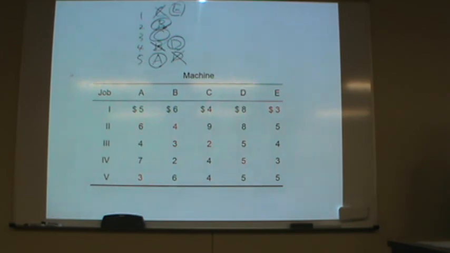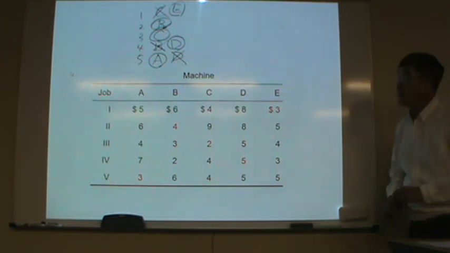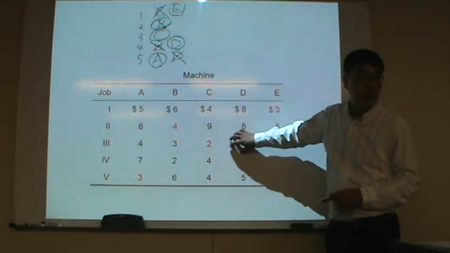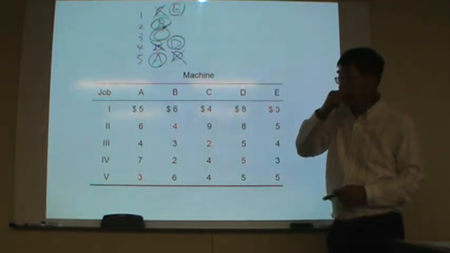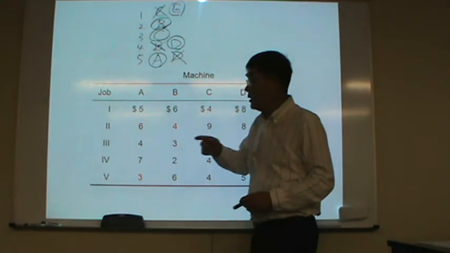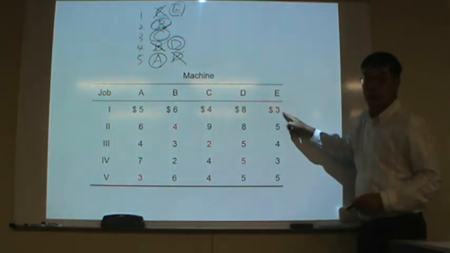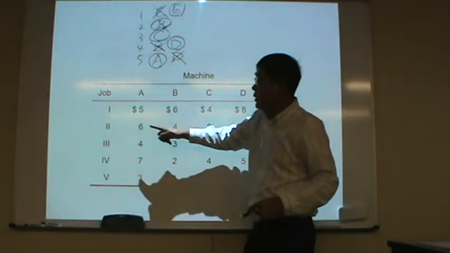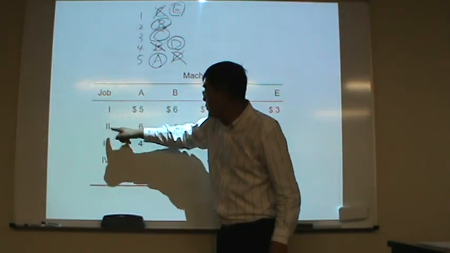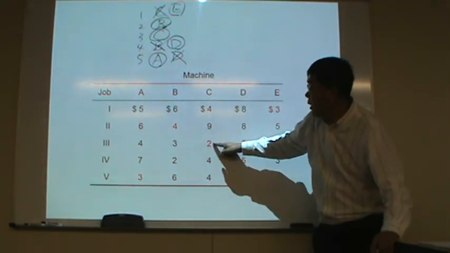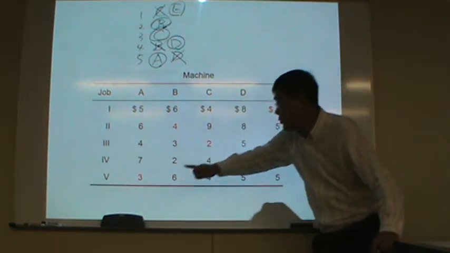Then the cost, from the first table, the original table. If we assign job 1 to E, $3. Job 2 to B, $4, then $2, $5, $3.